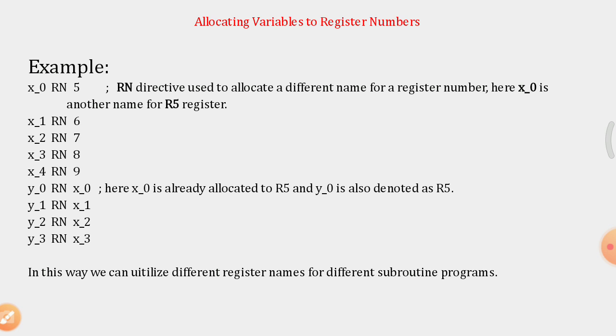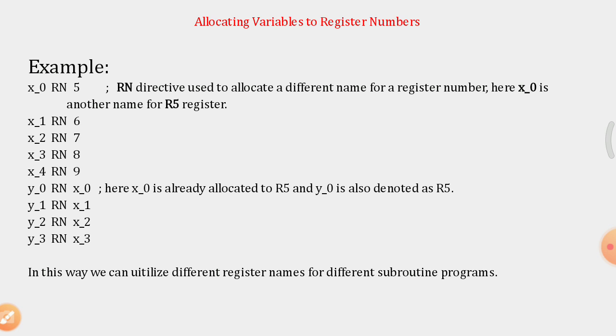And now if I jump to some subroutine program and there I save the value of R5 into stack memory, and again I can use the register R5, but instead of calling it R5 I can call it x underscore 0, so that there won't be any confusion that R5 is used two times. So that is one method, allocating a variable to register numbers.